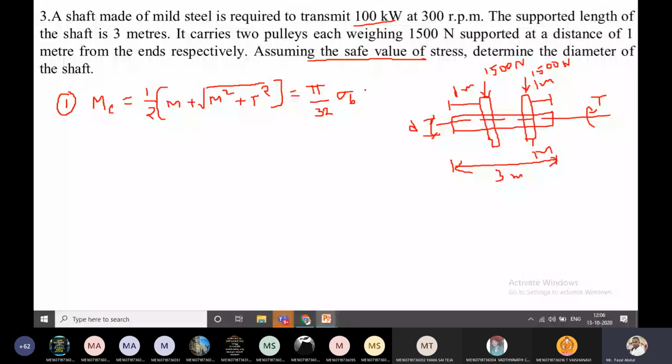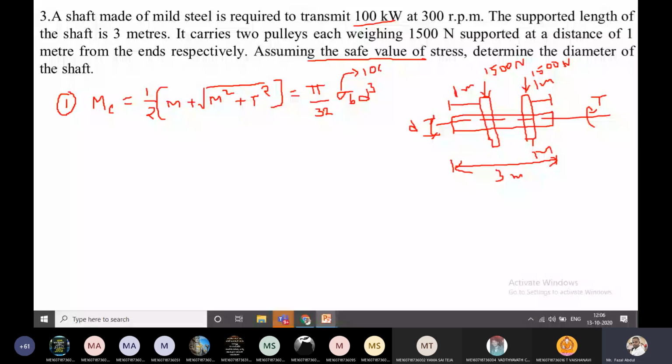The question itself mentions assuming the safe values of stresses. So I am assuming sigma b as 100 megapascal.